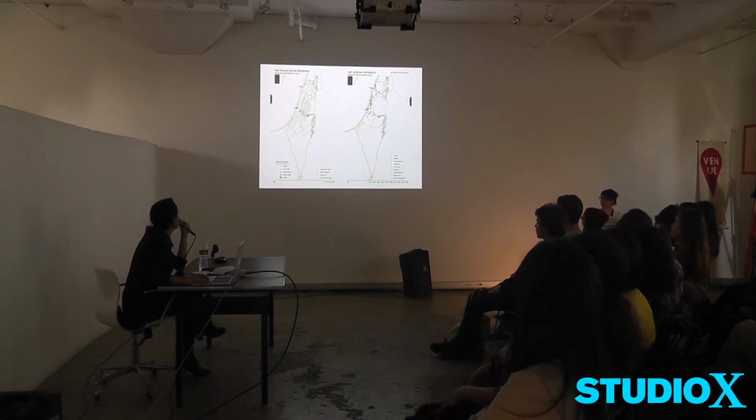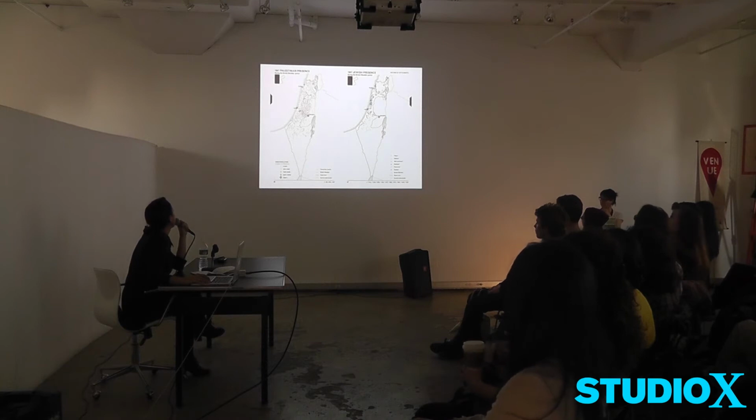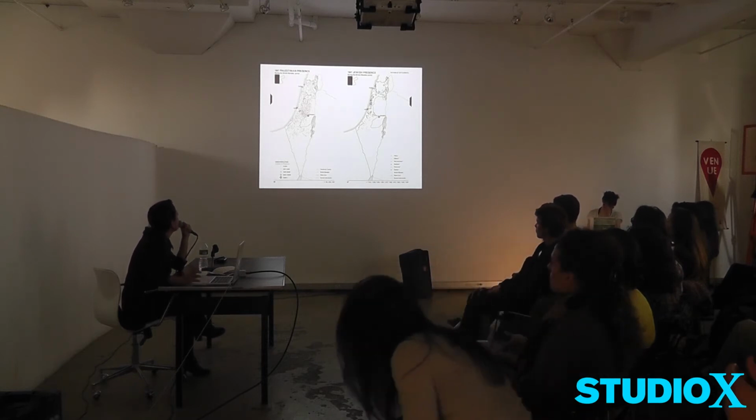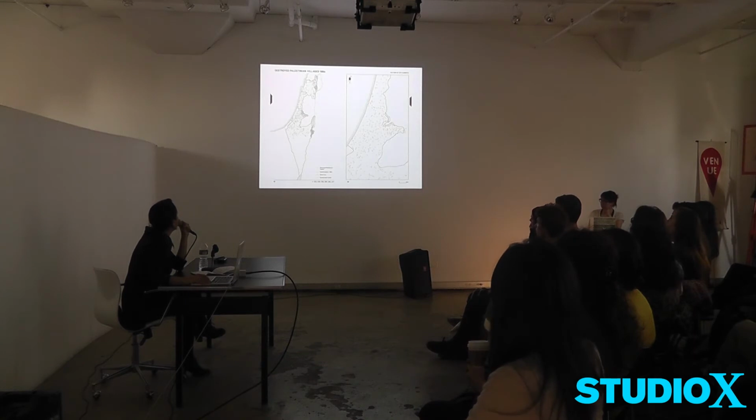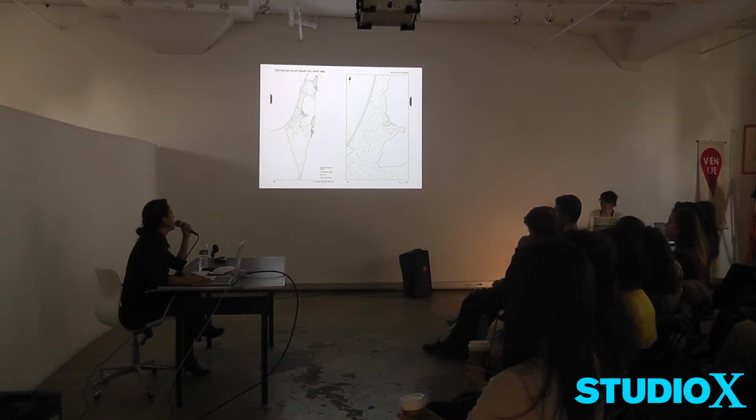This is a map from 1947, before the establishment of the state, where you see the spread of Palestinian villages and cities and the distribution of Israeli localities to the right. After the Israeli War of Independence in 1948, more than 500 Palestinian villages and cities were destroyed and erased, bulldozed to the ground.